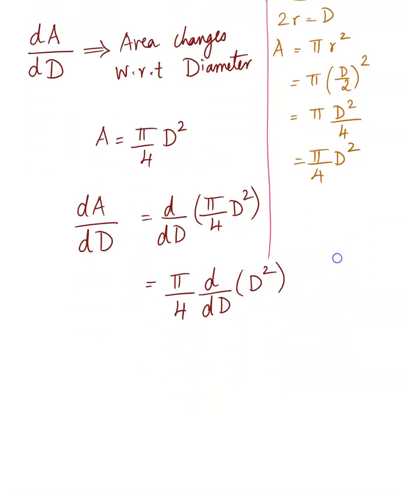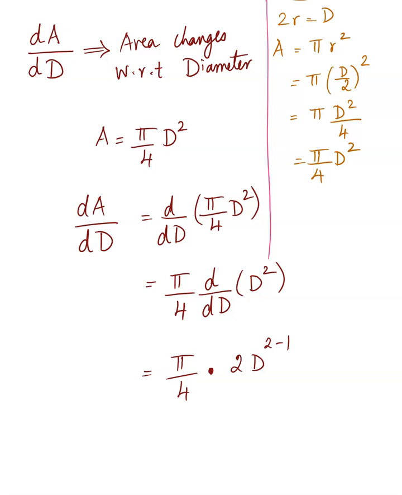So now we can use the power rule and say, okay, pi over 4 is pulled out times D squared will be 2 times D power 2 minus 1. You'll have to adjust your mindset here to reflect the different variable we have. So don't get too fixated on the x variable. So this is the same as x power n. So it's n, derivative of that will be n times x power n minus 1.